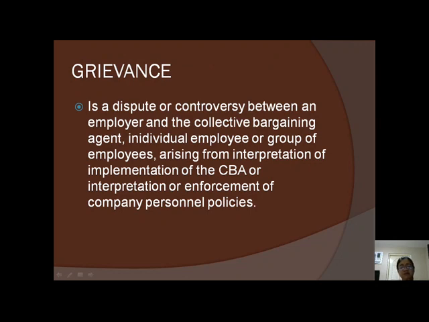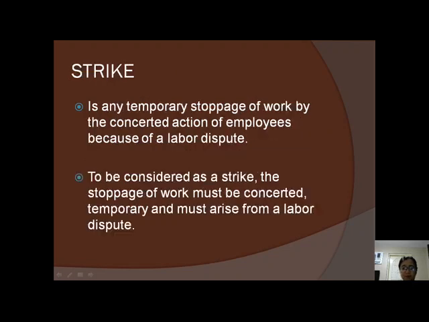So grievance is a dispute or controversy between an employer and the collective bargaining agent, individual employee or group of employees arising from interpretation or implementation of the CBA or interpretation or enforcement of company personnel policies. Okay? So if an employee has a dispute or controversy, then the grievance committee will be the one to handle it based on the CBA.